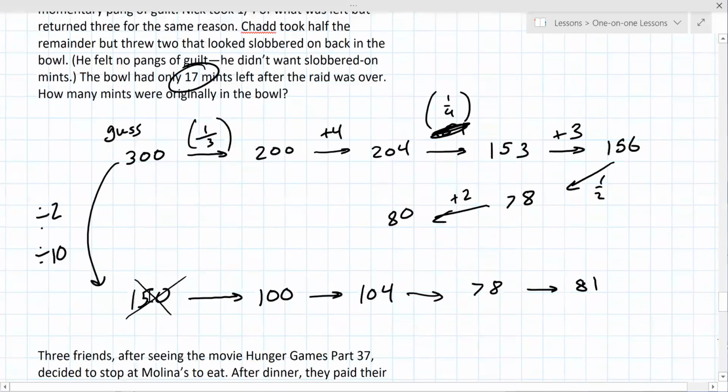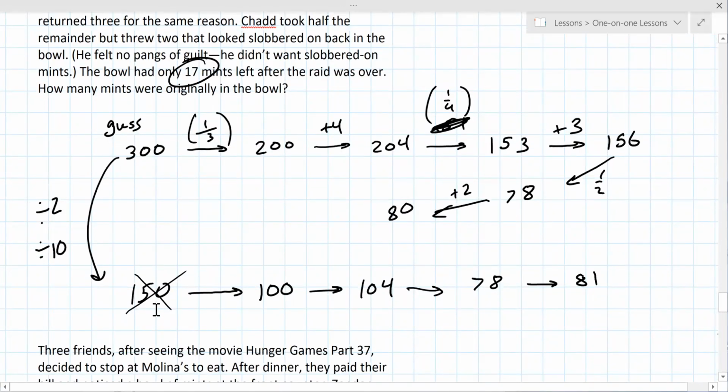Our final answer was 48. So we would have had to go down again, like to 75 or to 15 and then go up to 30. It would have taken us 3 or 4 iterations to get there. So the guess and check method isn't really the best one, but it could be done.